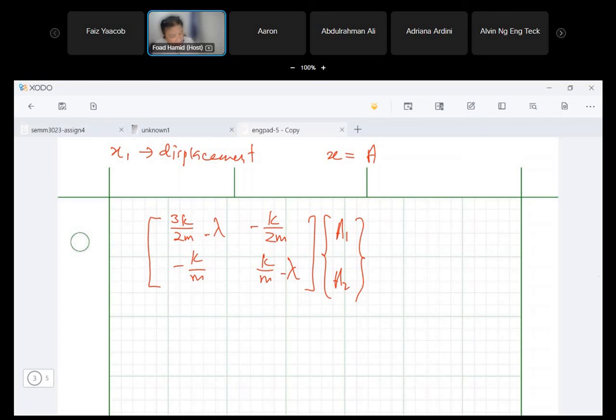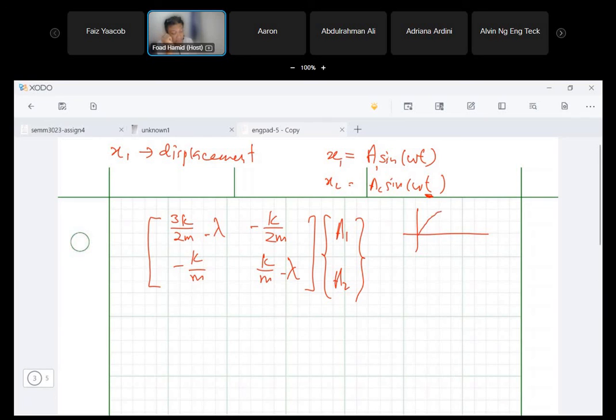Sine, sine omega t. The displacement is sinusoidal because it is a function of sine. So x1 is a1, x2 is a2, times sine omega t. So it's a function of time. At time 0, maybe x1 and x2 are 0, for example.